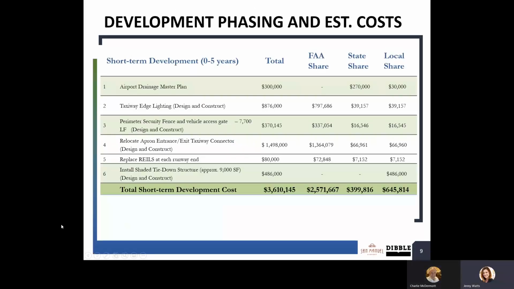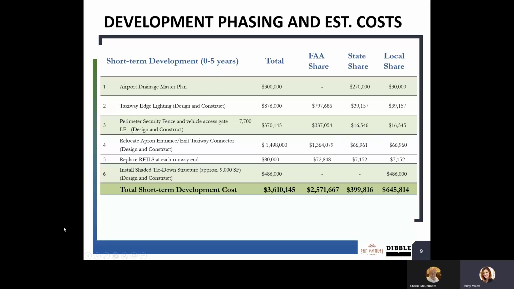Just to go over a little bit of the cost. So again, we've broken this up by cost in the short, intermediate, and long term. Here you'll see in the short term period about $3.6 million total. We should mention that a lot of the projects scheduled can be cost shared between the Federal Aviation Administration, the FAA, and also the state, which is the ADOT Aeronautics Group.